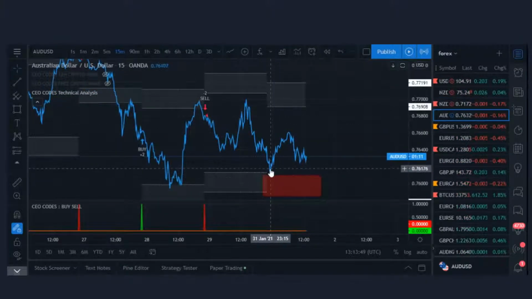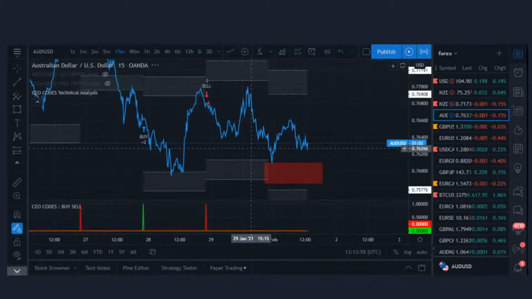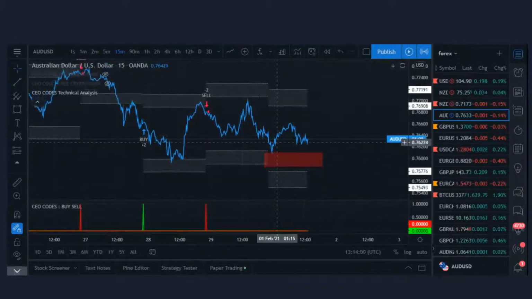So as we can see here as well, when the price just reached the support level here, see the support highlight, it just goes up again, and I think it will keep ranging until we get a long signal here, which is saying long.